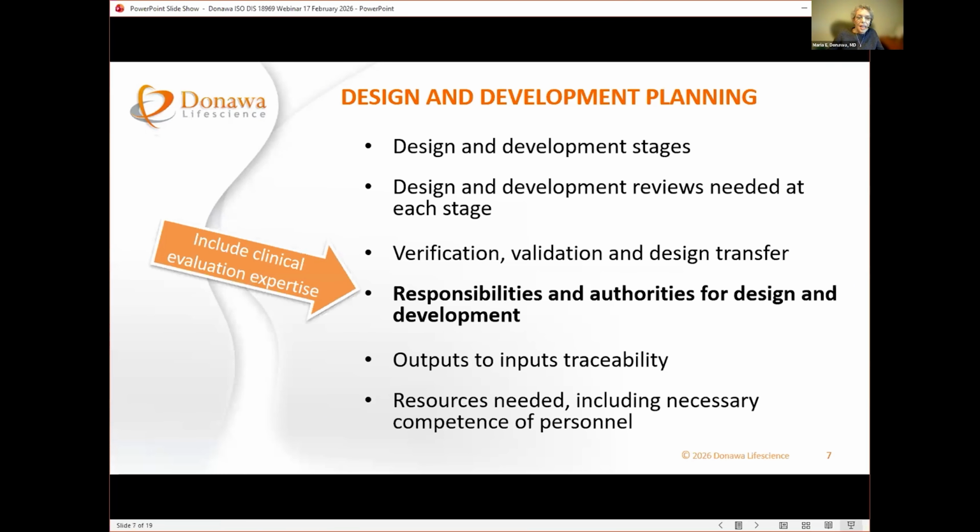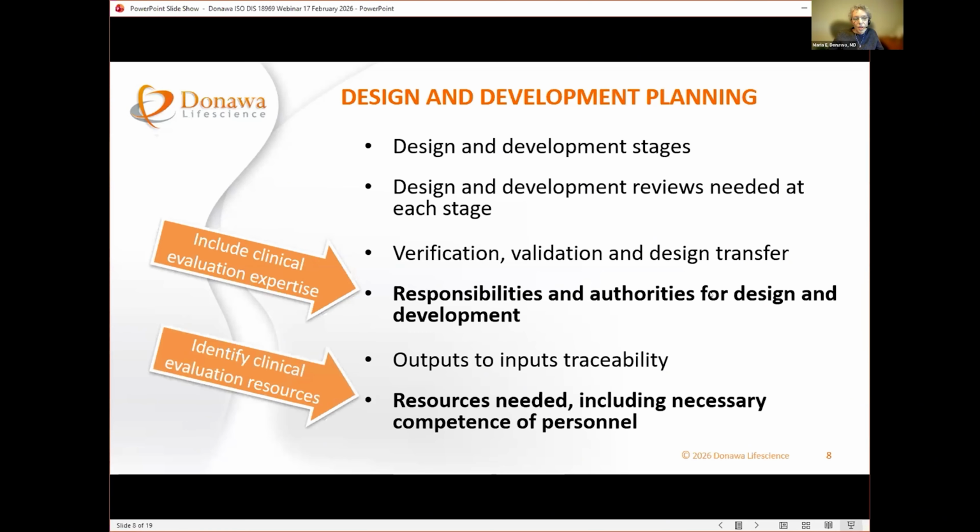Now, this is where it's interesting to think, let's involve clinical expertise or clinical evaluation expertise. And if it's the same person, fine. If they're different people, the ideal situation is that you have people involved at this stage early on with what you're going to have to deal with later on. And again, we're talking about the regulatory world, where design and development is heavily regulated.